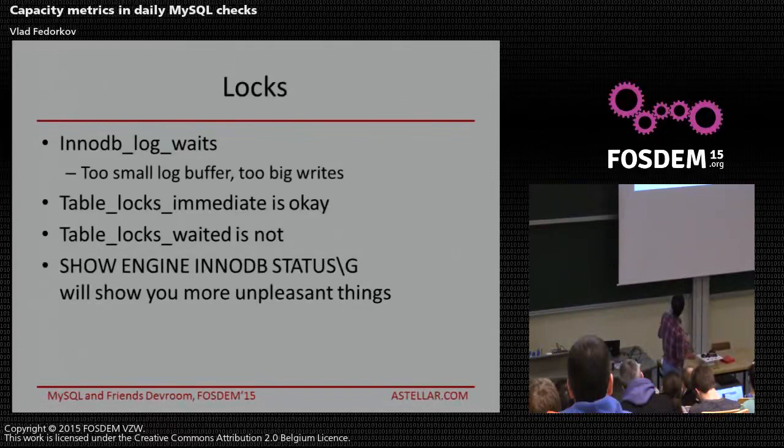It's about I/O. It shows how many times MySQL waited on the log until the log was flushed. So if you see a non-zero value here, you probably need to fix that. It's a bad sign.